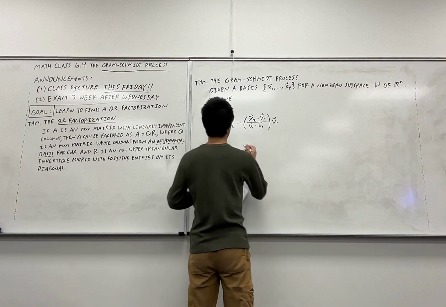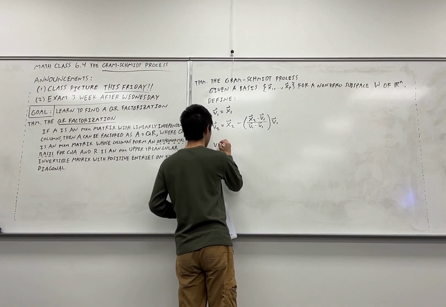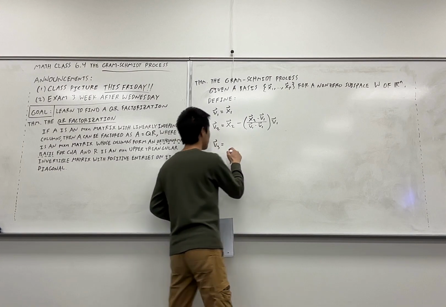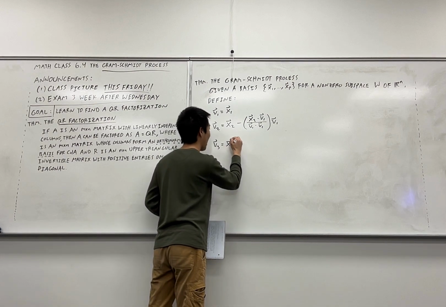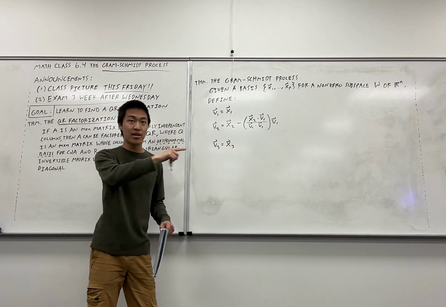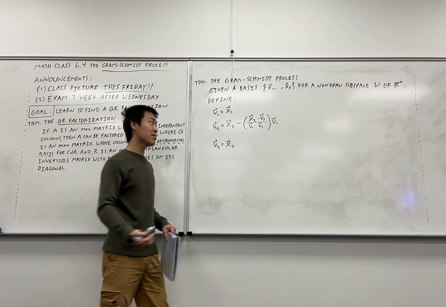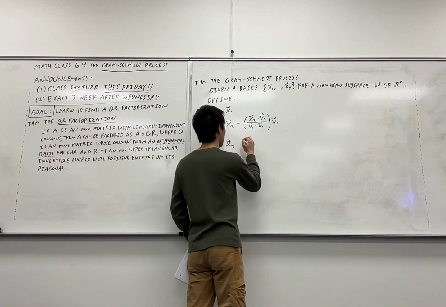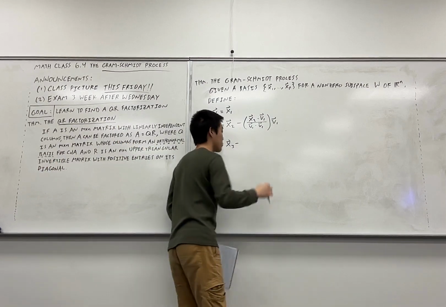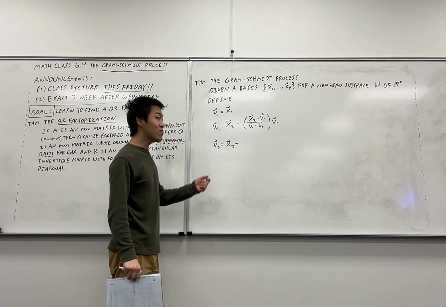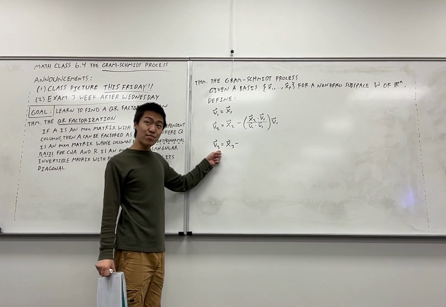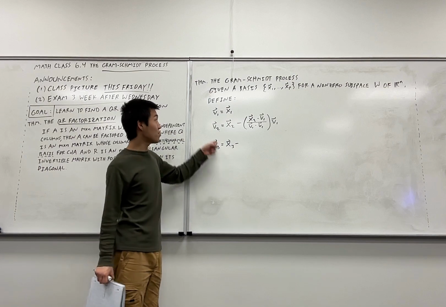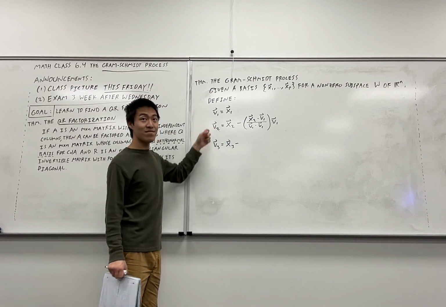And now if I needed to construct the next one, v3, I start by taking my x3. How do I need to modify my x3 in order to make sure everything is orthogonal? Well, I need to adjust for every single preceding vector v. I'm at 3 now, so how many preceding v's are there? There's 2. I need to combine v1 and v2.